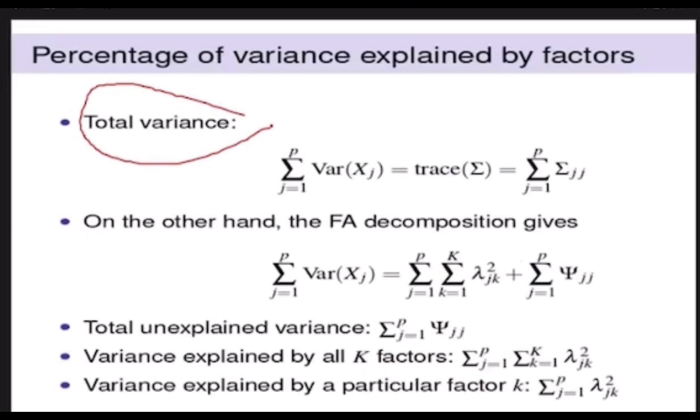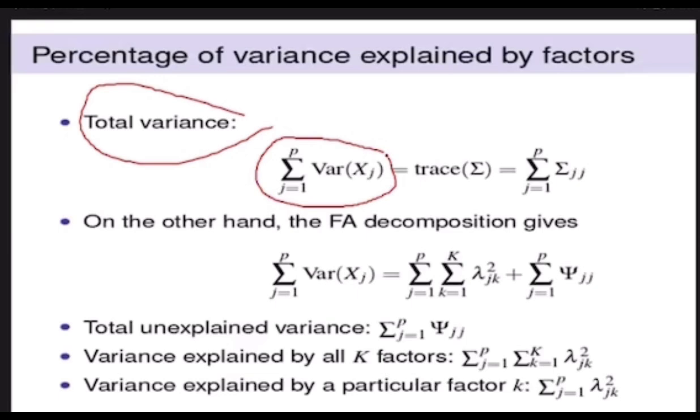But let me tell you, the total variance can be broken down. I told you the other time, if you take a look at this, you are adding the variance of each feature together. Variance of X1 plus variance of X2 until you get to variance of Xp. That will be the total variance.